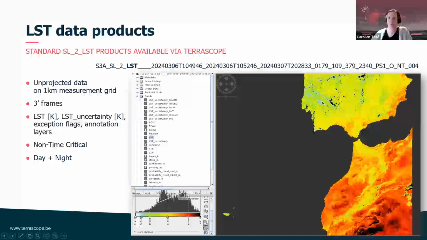There is also an exception flag. There are some annotation layers, and so on. So these products are also provided in non-time critical modes. So it means should be within 1 month after acquisition, but in practice within 3 days. And it's a day and night product. So also nighttime acquisitions are available.